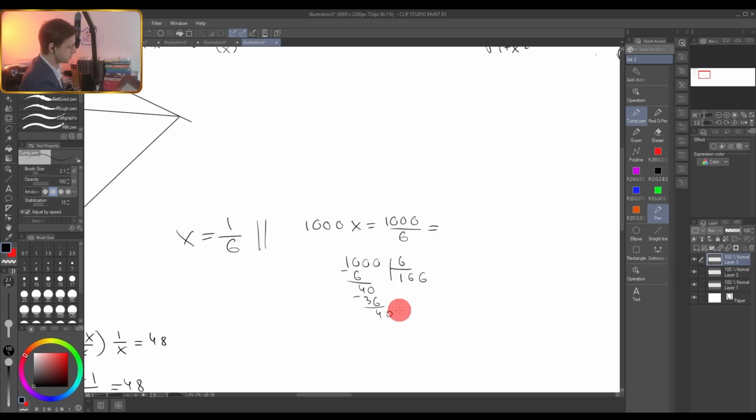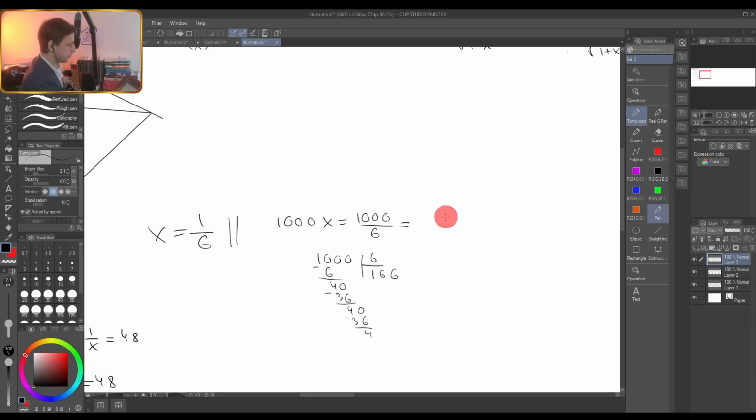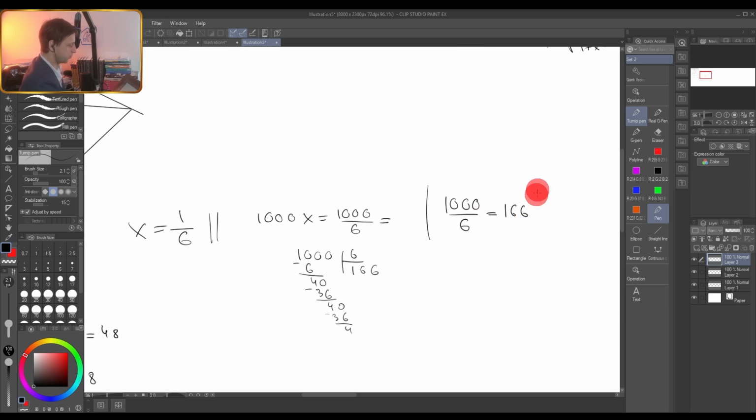Yeah, 166, and what is the remainder? 4. So I can write 1000 divided by 6 equals 166, and the remainder 4, and 4 over 6. 166 is an integer result and 4 is a remainder.